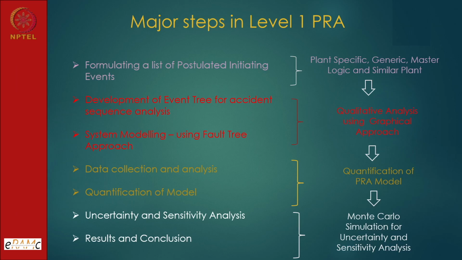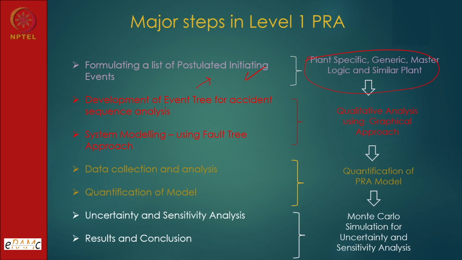Here we have formulation of a list of initiating events. Initiating event means loss of offsite power, loss of coolant accident, loss of regulation accident, and every industry will have its own characteristic events. And the plant specific generic master logic diagram will be the process used to get to this list of initiating events.